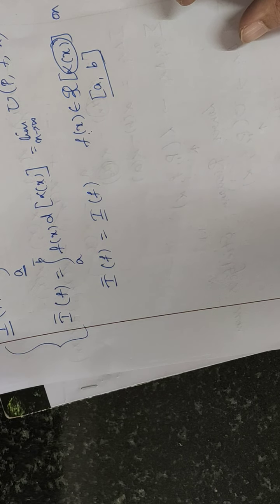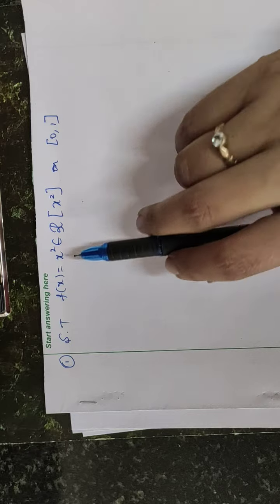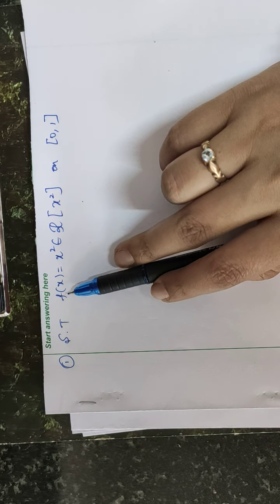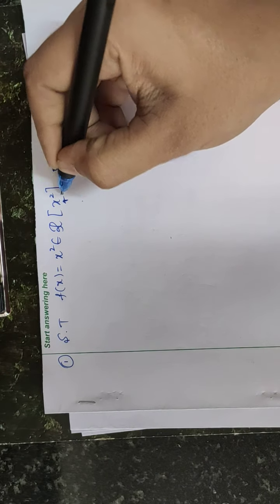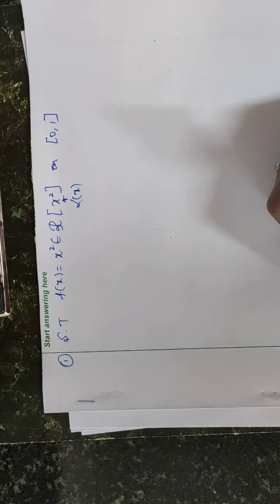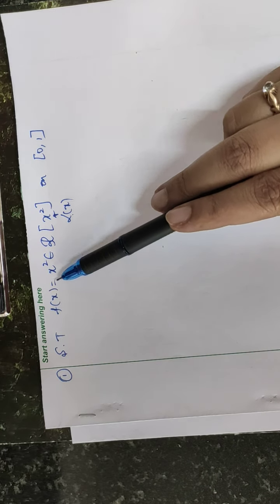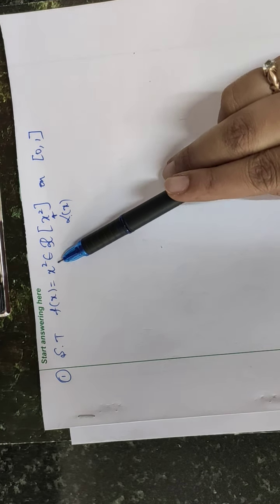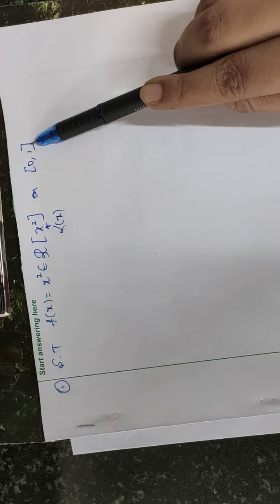Now let's solve one problem on this topic. This is the first problem. The function f of x is equal to x square and the monotonically increasing function alpha of x is also x square. We have to prove that this function is Riemann-Stieltjes integrable with respect to x square on the closed interval 0, 1.